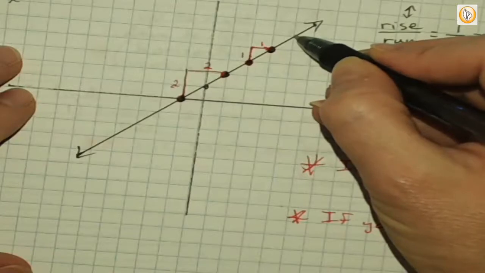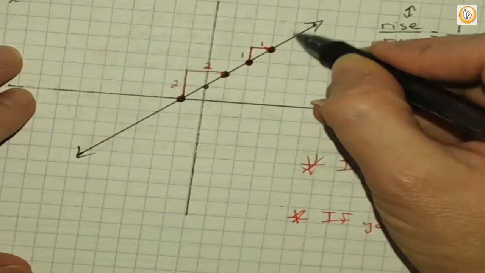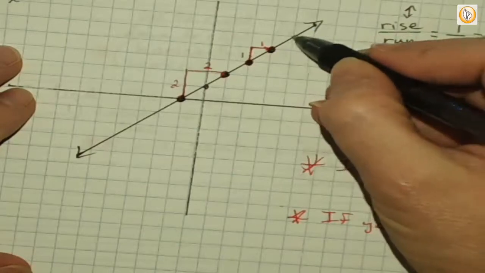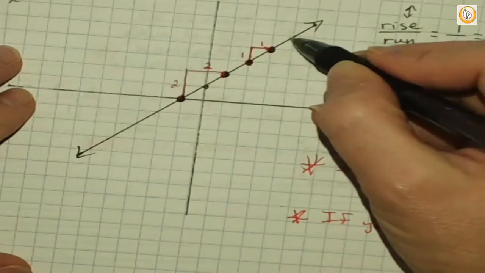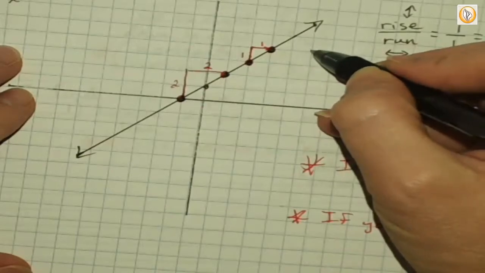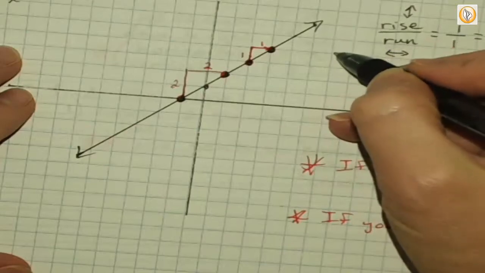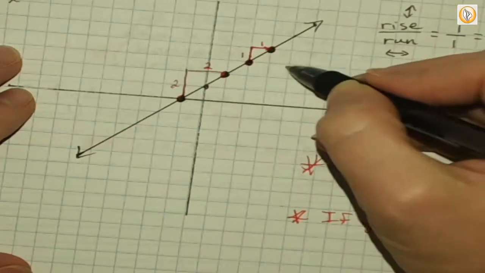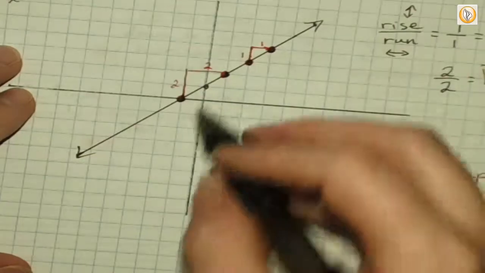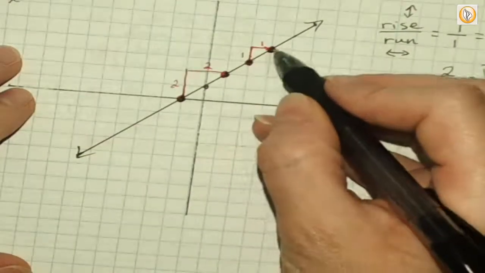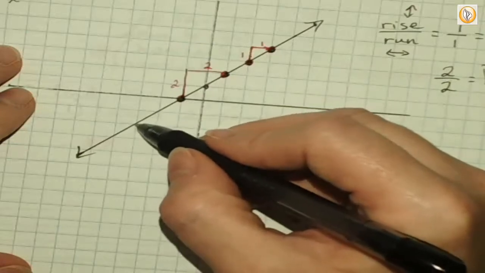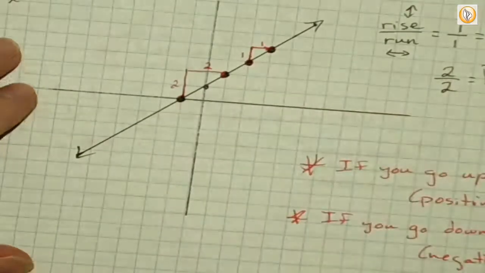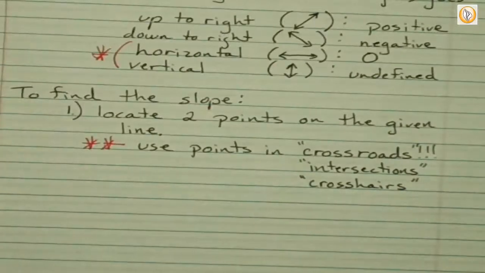The line crosses right there at that intersection? That's what I'm talking about. When it crosses your graph on the intersection. Right here or right here, that's not an intersection. Here's an intersection. Here's an intersection here. Do you see the intersections I'm talking about? Those are intersections. So you're going to find 2 places, any 2 places on the line where it crosses an intersection. And I'll show you that later.